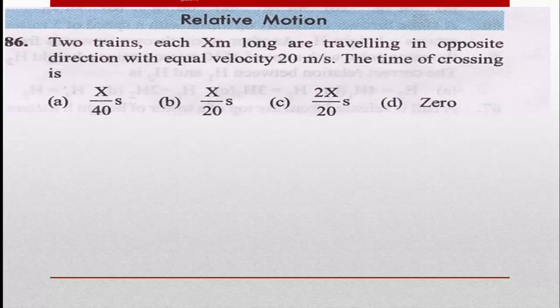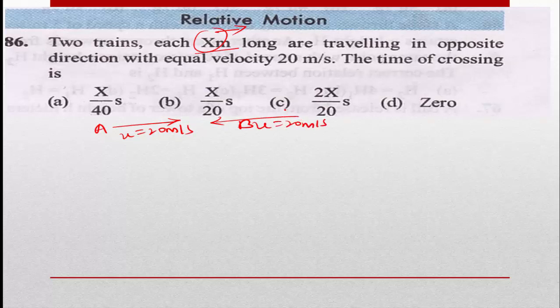Here the two trains, each x meter long, are traveling in opposite directions. This is train A, traveling in this direction. This is train B, traveling in this direction. With equal velocity, here u equal to 20 meter per second, here also u equal to 20 meter per second.